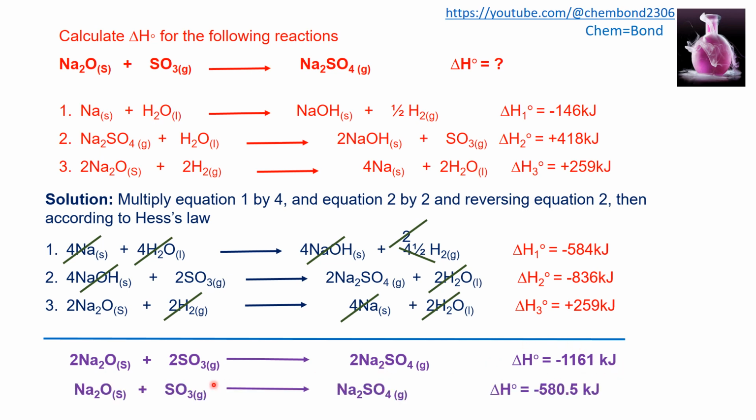So here 1 mole of sodium oxide will combine with 1 mole of sulfur trioxide and produce 1 mole of sodium sulfate. Here the enthalpy is also divided by 2, so minus 1161 divided by 2 will produce minus 580.5 kilojoule per mole. So the answer is minus 580.5 kilojoule per mole.